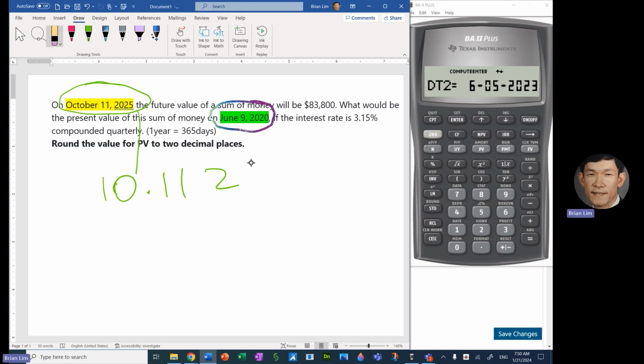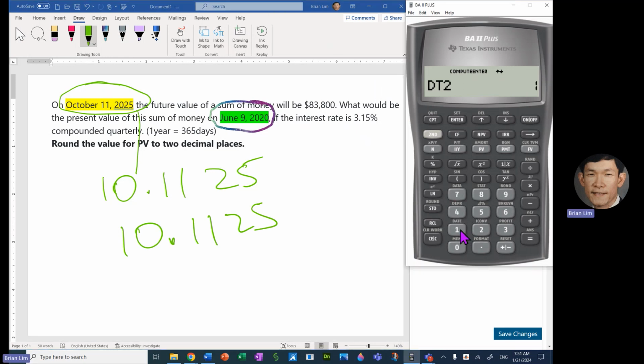So the correct entry is 10 decimal point 1125. So I will do just that: 10 for the month of October, the 11th day of the year 2025. And there we are, so I enter.